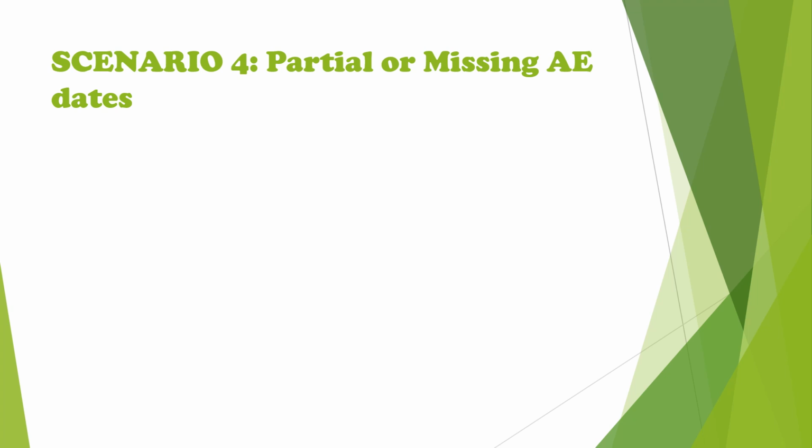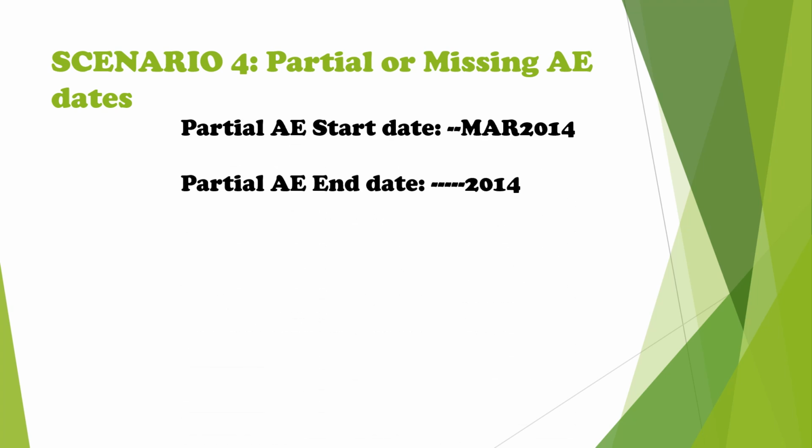Another scenario is where we have partial or missing adverse event dates. Consider the following scenario where we have the partial AE start date as March 2014, where the day part is missing. And similarly, for this particular scenario, the partial AE end date is only having the year part, which is 2014.